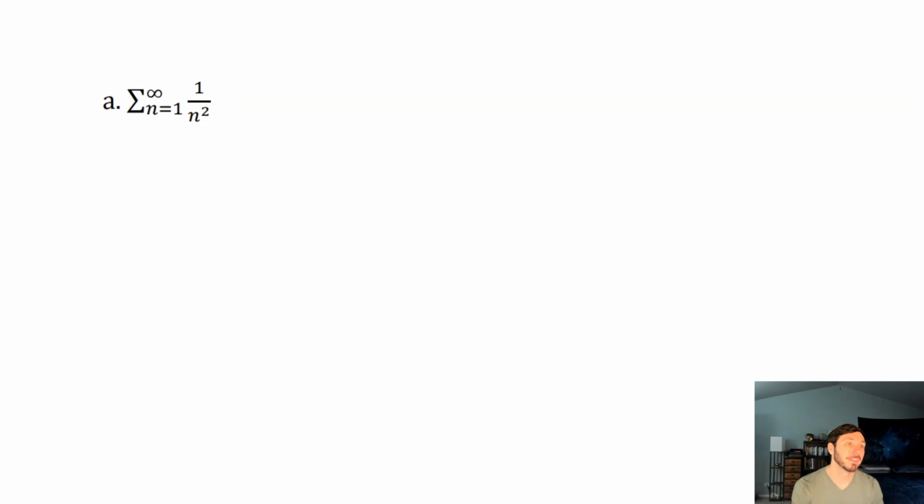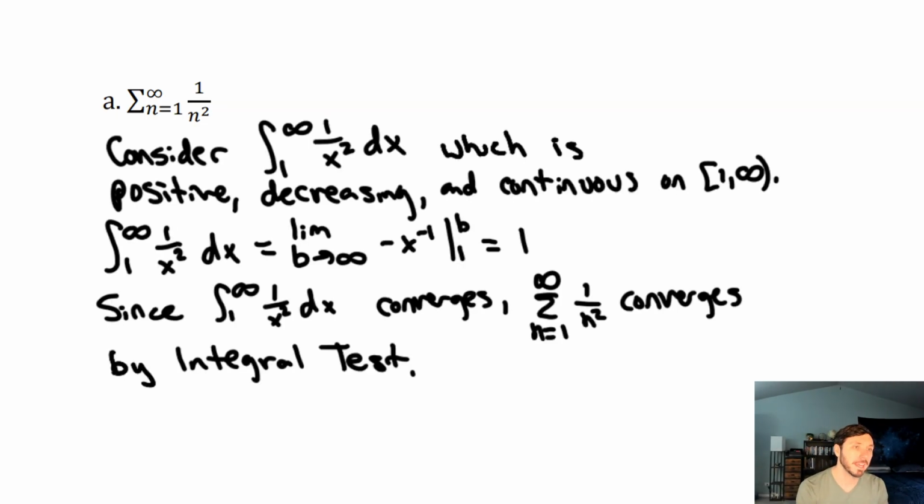For A here, the official explanation is going to say, well, consider this functionified expression, the integral from 1 to infinity of 1 over x squared dx. It's positive, decreasing, continuous on its interval. All right, so make the AP gods happy. If I just take the integral of 1 over x to the second from 1 to infinity, I can use the limit to patch up that infinite bound.